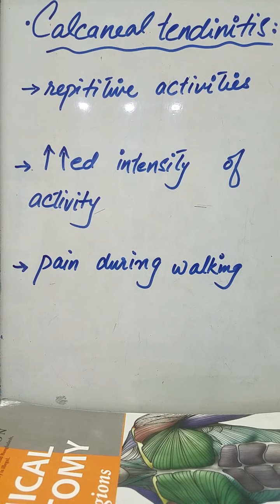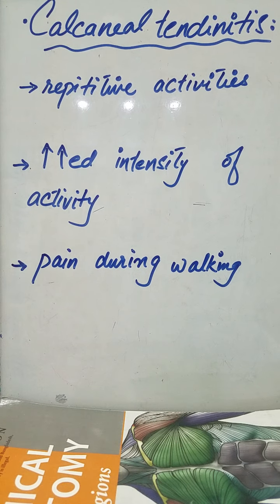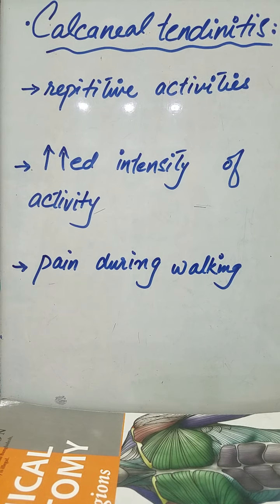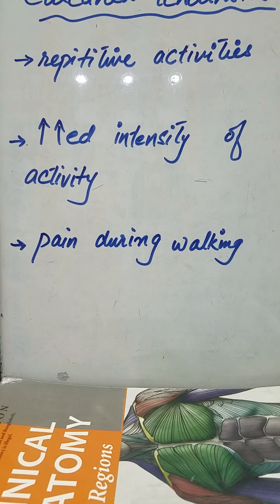Now, one of the conditions associated with the tendocalcaneus is calcaneal tendinitis. Calcaneal tendinitis refers to inflammation of the calcaneal tendon, and it usually occurs in one of two conditions. Either a person takes up excessive activities after a prolonged period of inactivity.